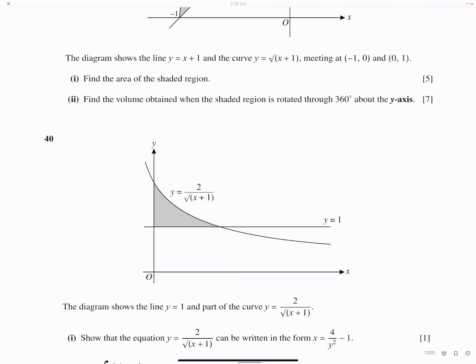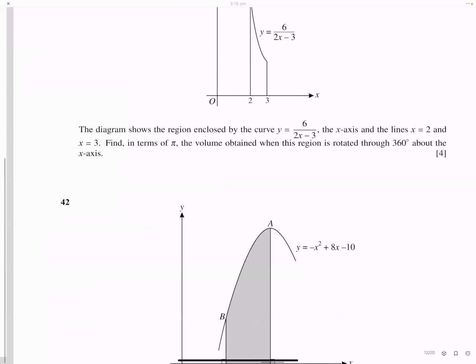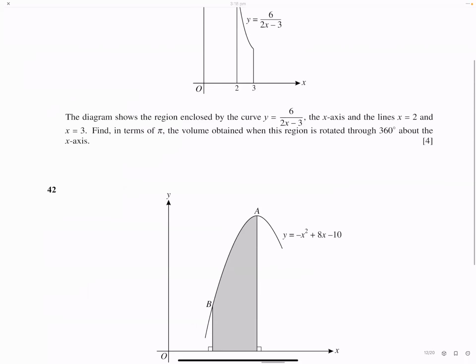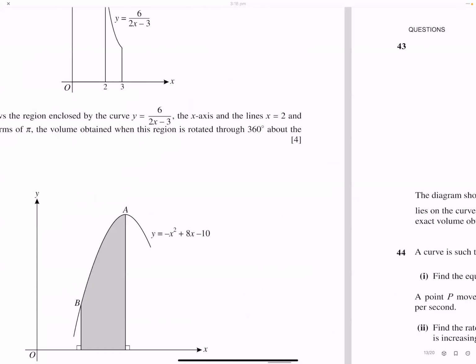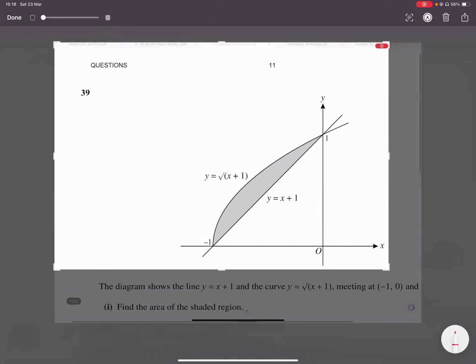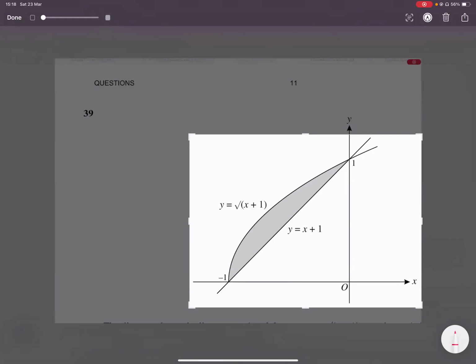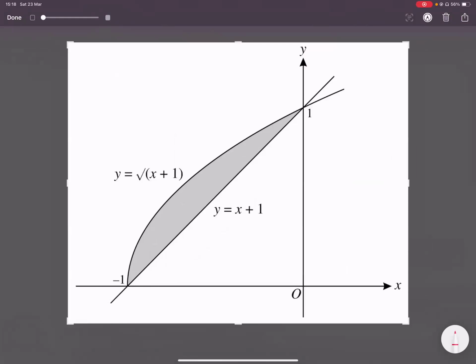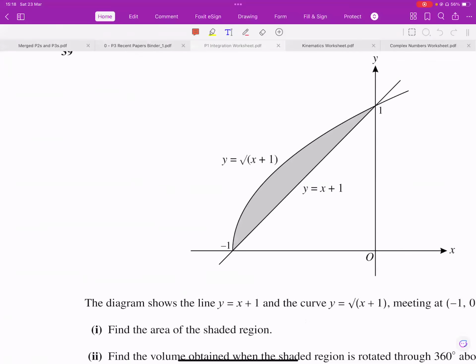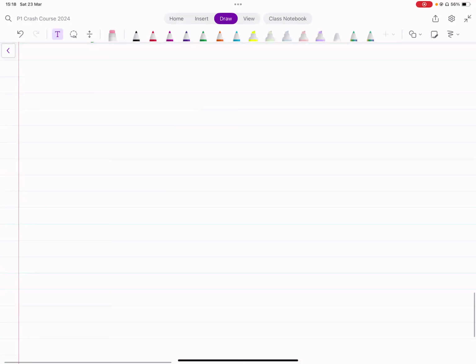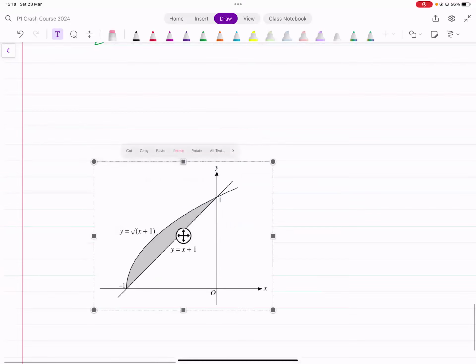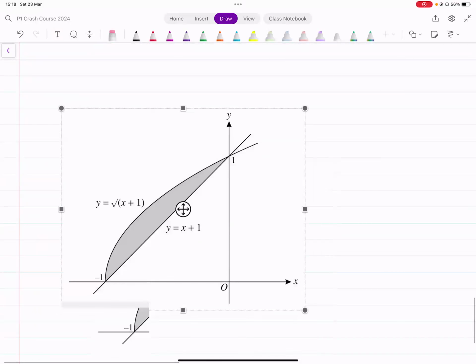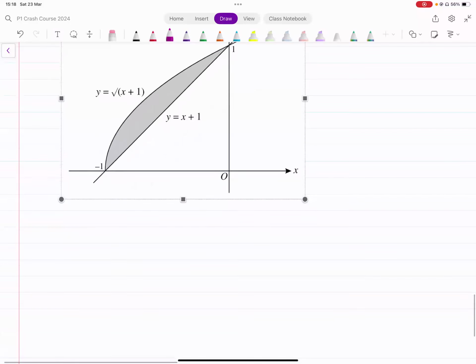Let me show you using another one first. And this is about the y-axis. Okay, let's actually just take this example. For x-axis, let's do it for y-axis. So if you had something like this, if you had this diagram, and you wanted to find the volume of revolution when this shaded region is rotated 360 degrees about the x-axis.